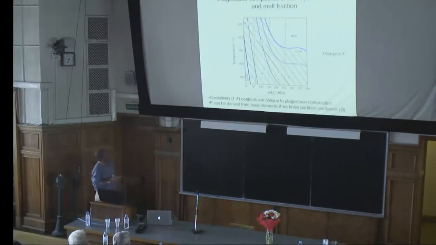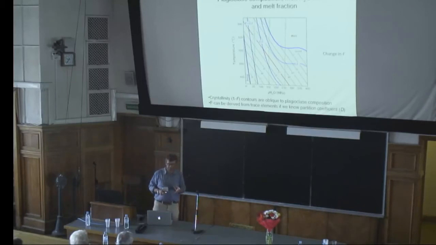These are lines of constant melt fraction, 100%, 80%, 60%, 40%, and so on. The lines of melt fraction or crystallinity are oblique to the plagioclase composition. So there's a difference then in going this way and that way in terms of how the melt fraction changes.